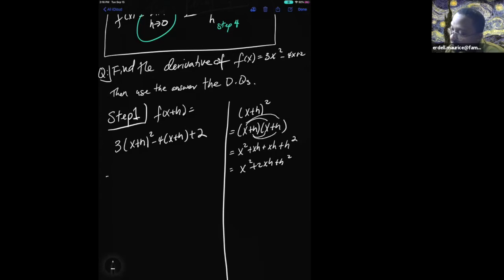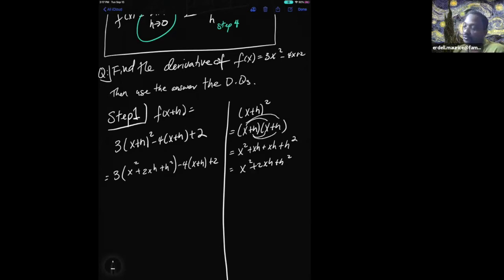So then this equals 3 times x squared plus 2xh plus h squared minus 4 times x plus h plus 2.